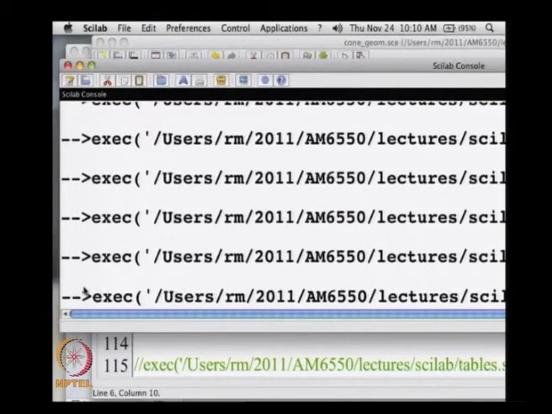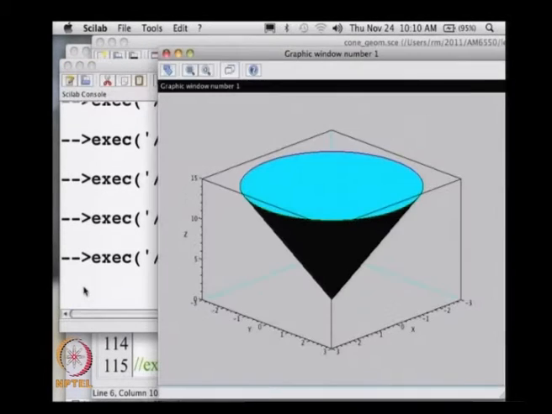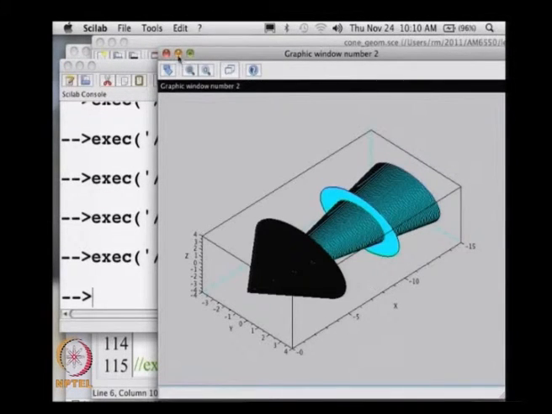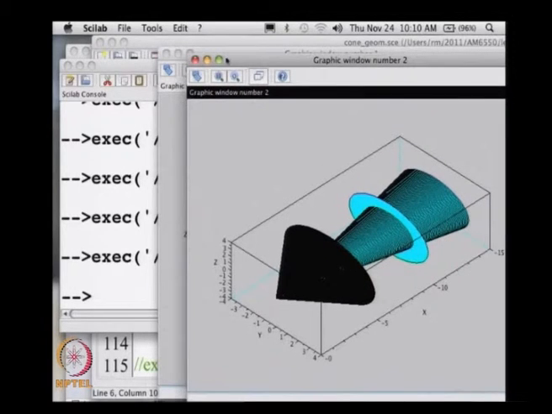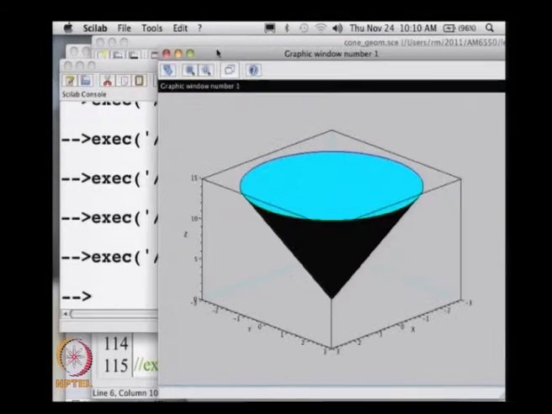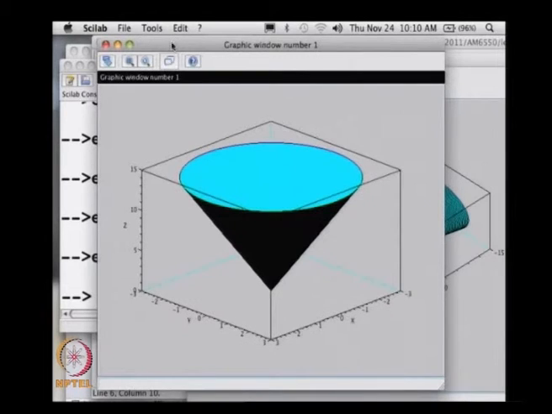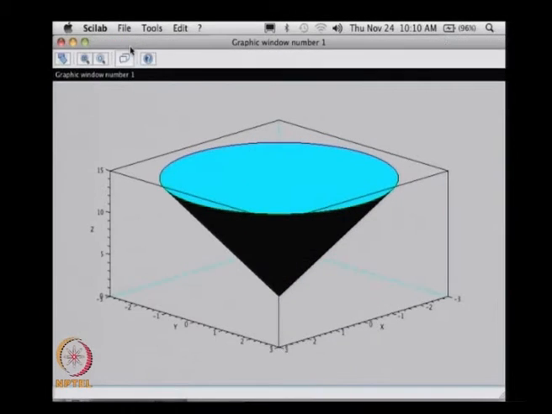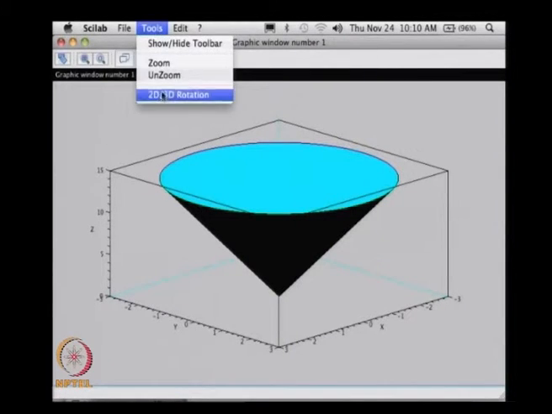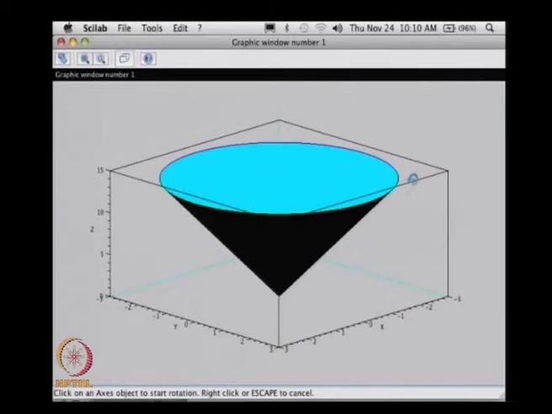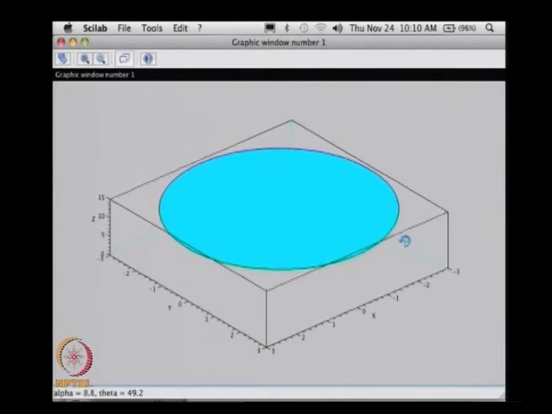So say I plot this, okay, so I get these two pictures here. This is essentially the cone, a cone which I have plotted here. Now it depends on the way you look at it, so say I'm going to rotate this piece and see what we see.